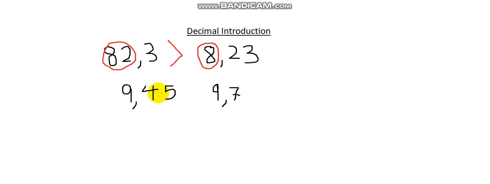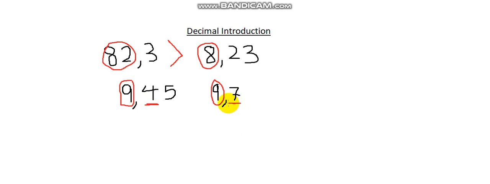Well, here I have a 9 in front of the comma, and then another 9. So they're equal. What I do if the integral parts are equal is I look at the number that is to the immediate right of the comma, so in the tenths place.